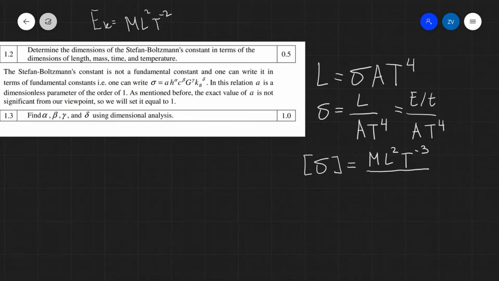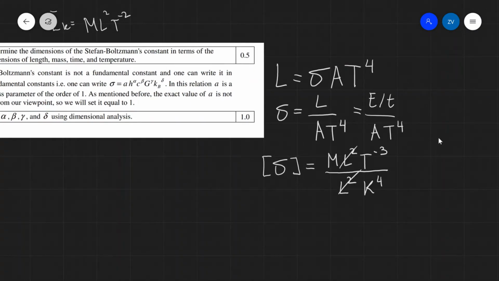I'm going to divide that by the dimensions of area, which are meters squared, so it's going to be length squared, times kelvins raised to the power of 4. We're going to cancel out those L squared, and what we are left with is M T to the power of -3 Kelvin to the power of -4.